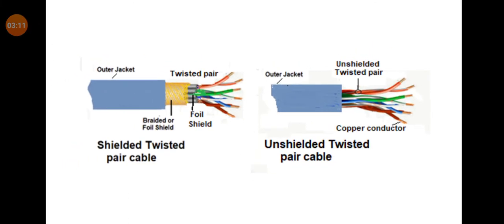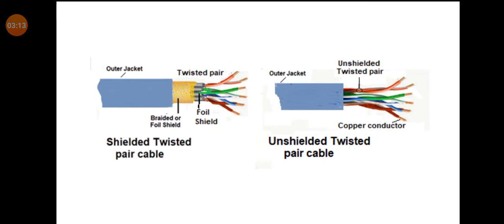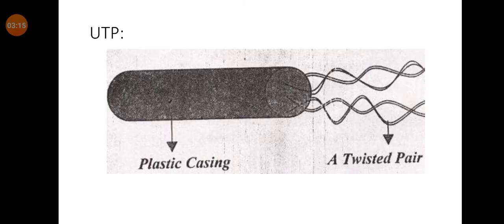Now let us see the characteristics of shielded and unshielded twisted pair one by one. In simple terms, UTP, unshielded twisted pair, looks like this. Here the plastic casing is the plastic covering that provides protection, and these are the twisted pair cables.